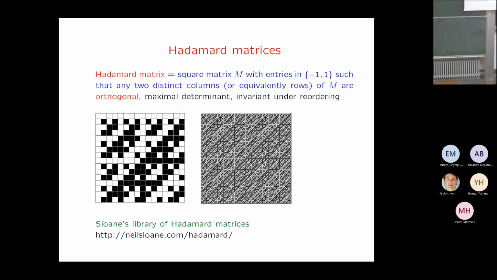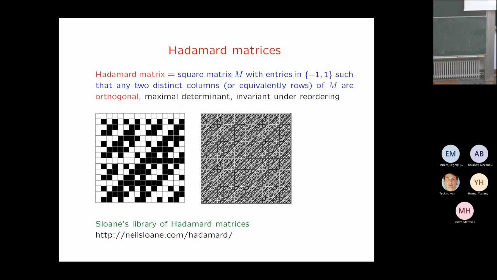So this is a Hadamard matrix. There are two matrices in fact, Sylvester-Hadamard matrices of different orders. And a Hadamard matrix is a square matrix with -1, +1 entries, such that any two columns or two rows are orthogonal.